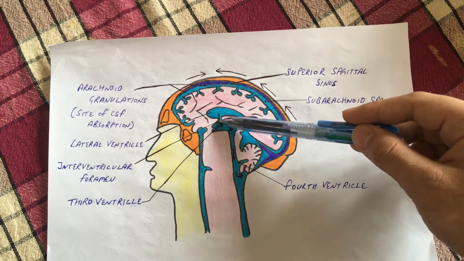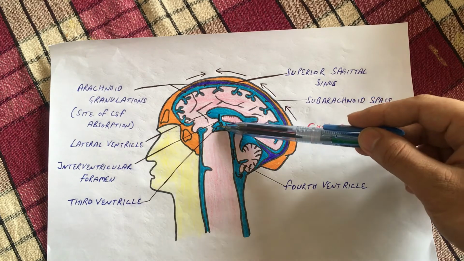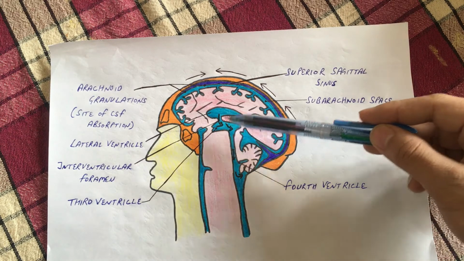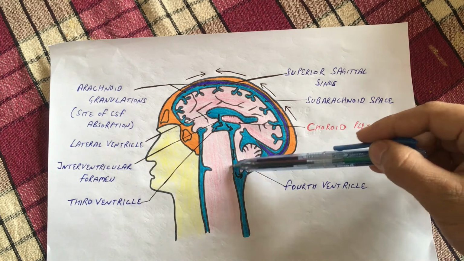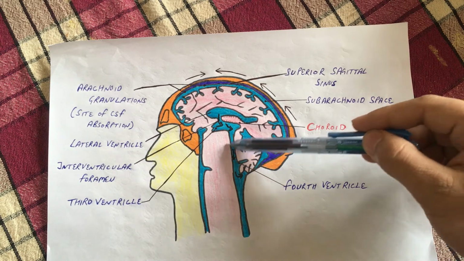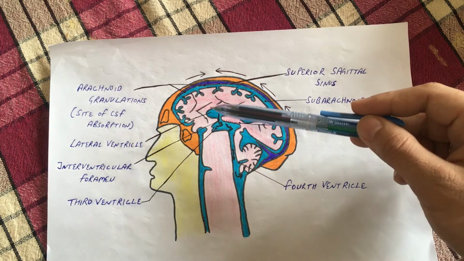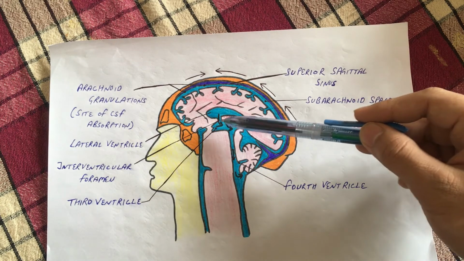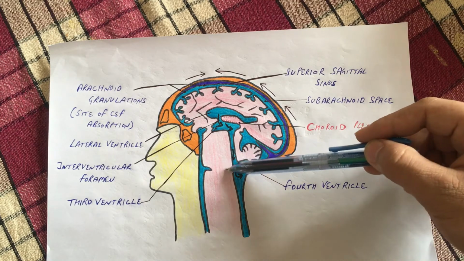Through the interventricular foramen, the CSF goes from the lateral ventricle to the third ventricle. From the third ventricle, it goes into the fourth ventricle. This is the fourth ventricle, and it goes through the aqueduct. This is the aqueduct. Clear? Lateral ventricle, interventricular foramen, third ventricle, aqueduct, and this is the fourth ventricle.